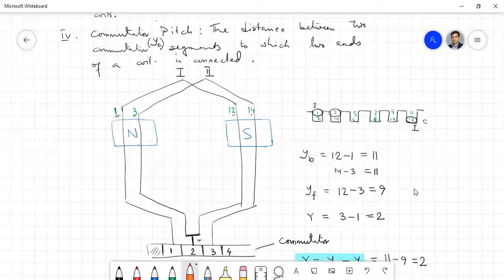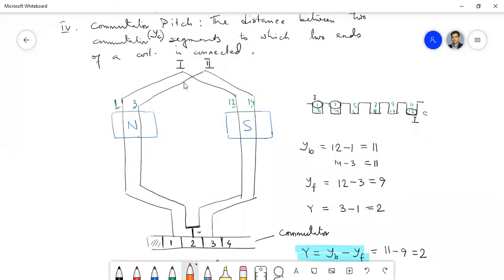Okay, so like this, these are the coil numbers, one and two. So this is one coil and this is one coil. One coil is ended with two, and from that commutator segment itself another coil is started.